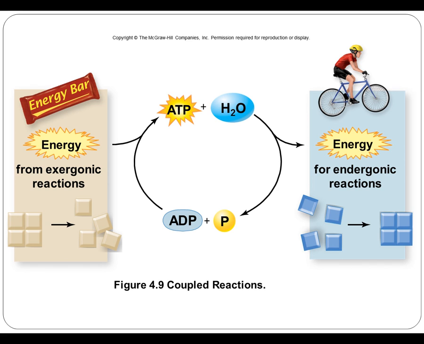I don't want to get ahead of myself, but while I'm here on this image, ATP cannot be stored. And so what should we always do? We should always make it, and we should always use it. Use it or lose it.